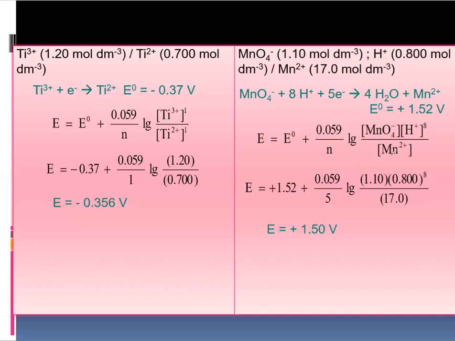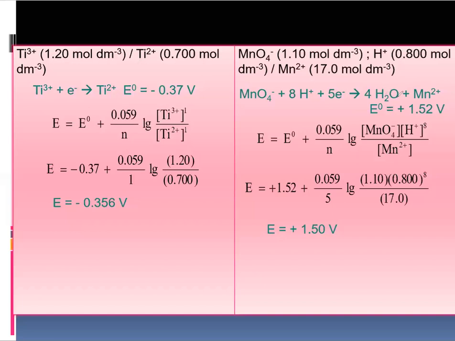All over the concentration of the product. The product is Mn2 plus. So Mn2 plus here has a power of 1. Now you may ask me, why have I not put the concentration of water, which is also on this side?